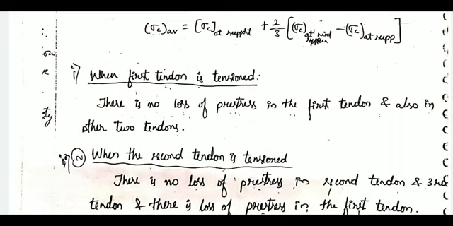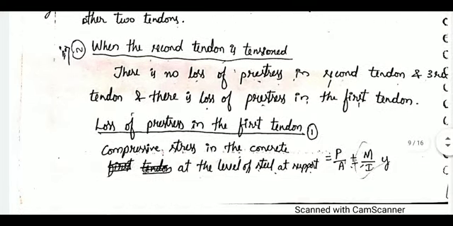When you have tensioned the second cable, there will be some amount of loss in first cable, but there is no loss in second and third cable, as you are tensioning the second cable and third cable is not yet touched. So first we need to find out what is the loss of prestress in first cable, which we are fixing. So same formula we can use.